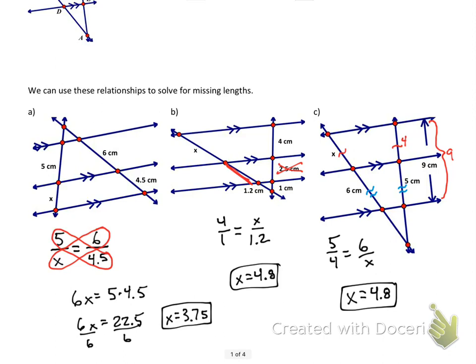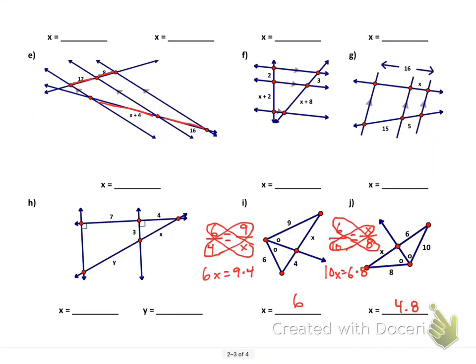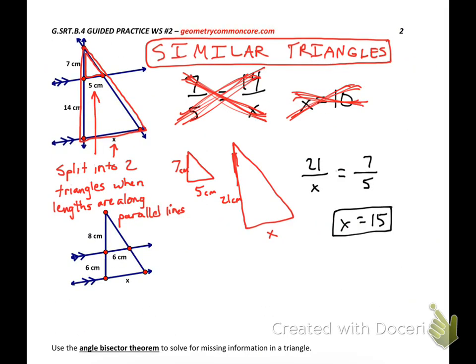That one works. But then if we go back now to this page, we're being very critical of how we're looking at things, very observant. And we're saying, oh, this is a 6 and an x along parallel lines. So now I need to think of this as similar triangles that are nested inside one another. Okay, so now draw these two separately.